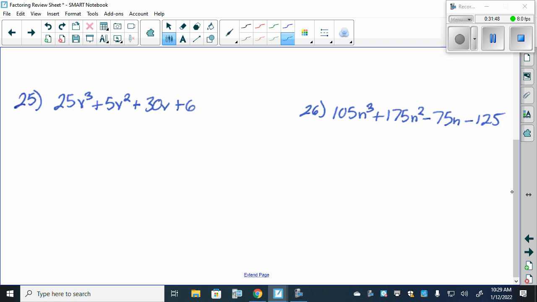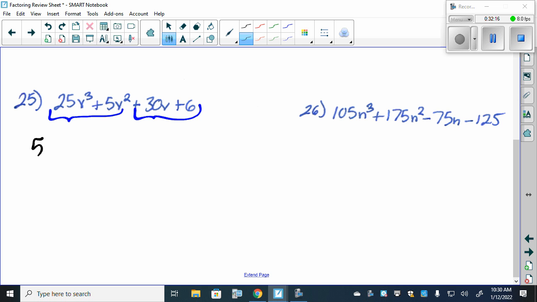So this here we have 4 terms. So that means we're going to have to use factoring by grouping. Now, the way that we group any of these here is fine, but I'm normally going to stick with the first 2 together, second 2 together, and look for a greatest common factor. So when I look at 25v cubed and 5v squared, I'm looking for a greatest common factor between them.